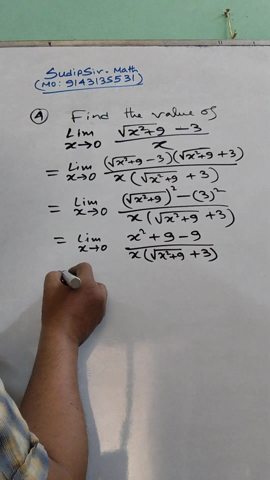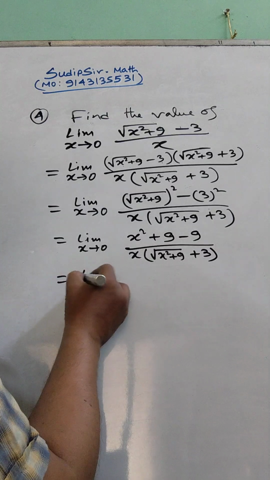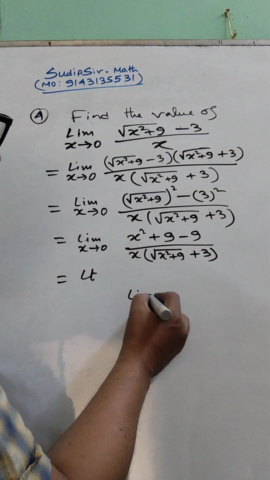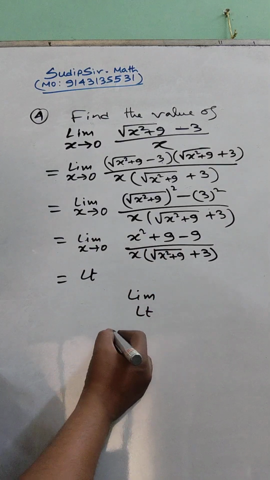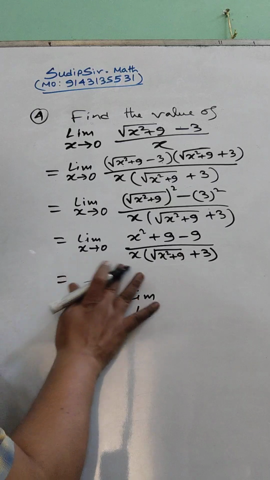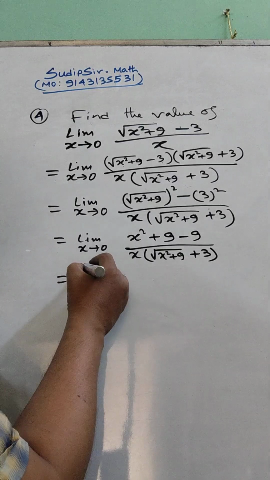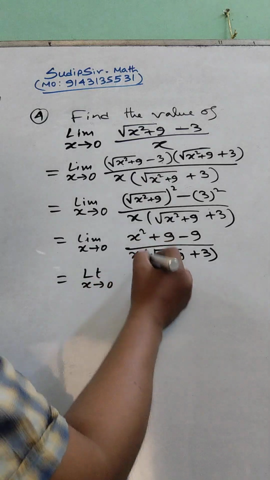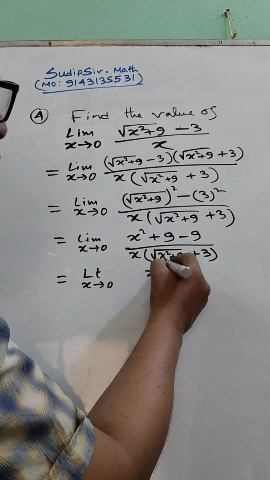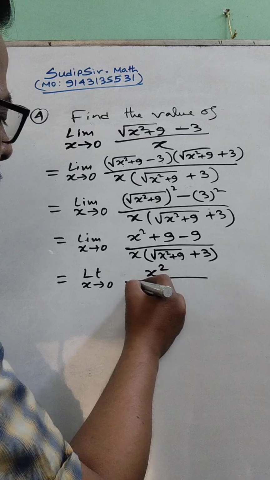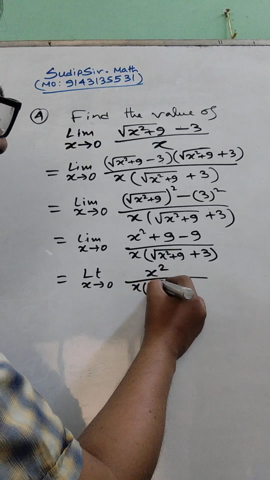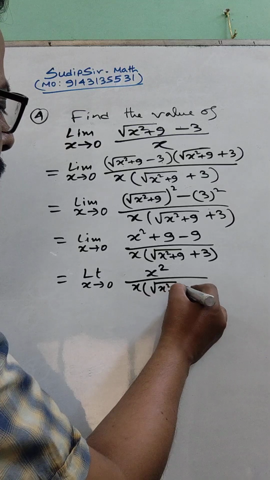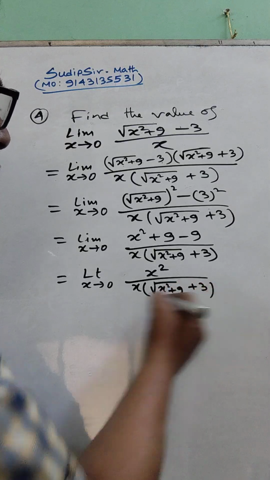So limit, you can write lim also, same thing. Limit x tends to 0, this will be x square by x root over of x square plus 9 plus 3.